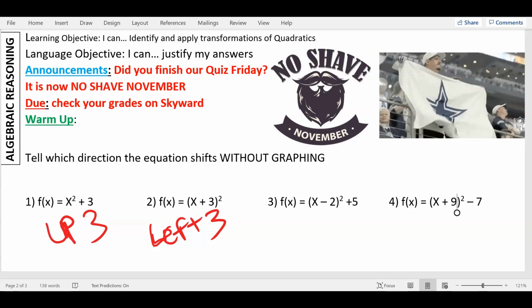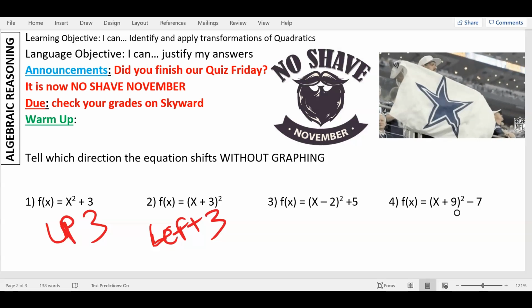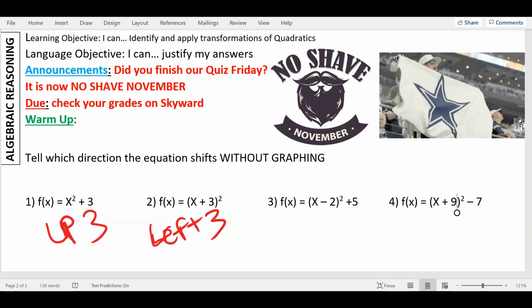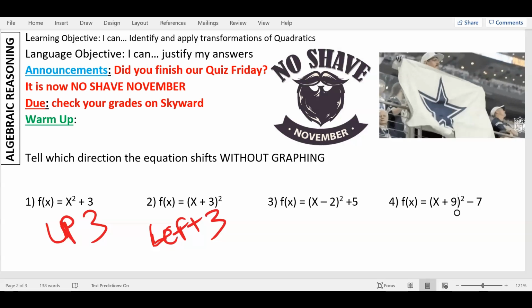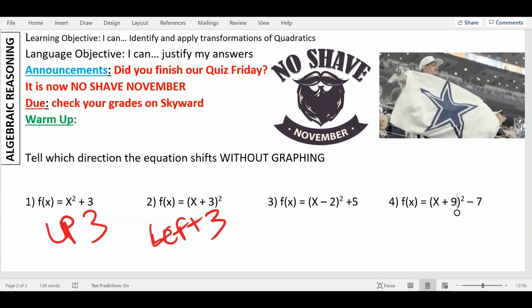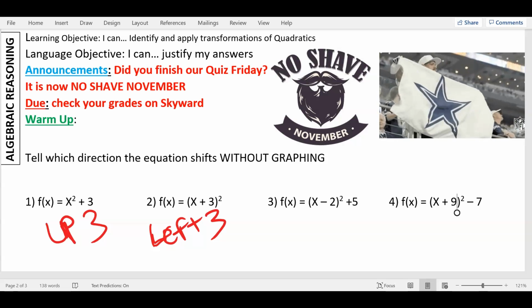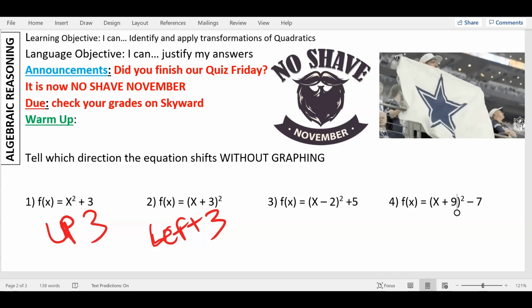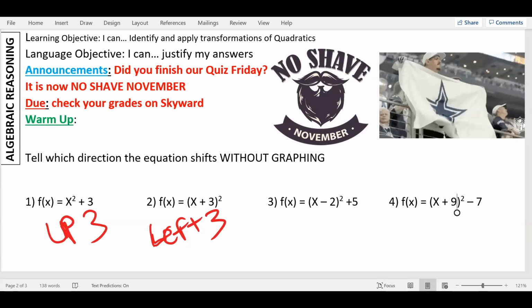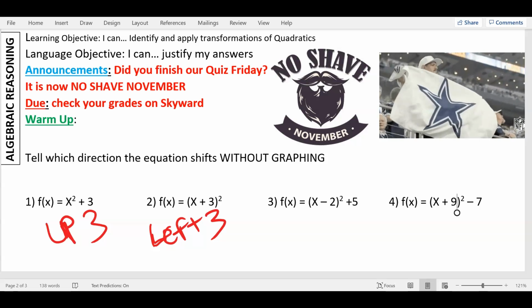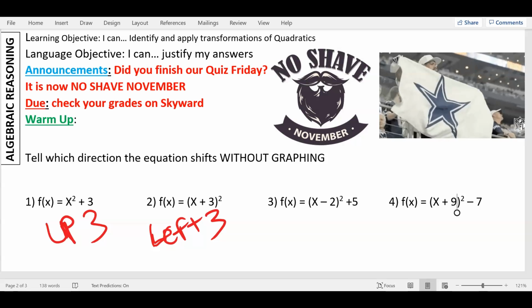Okay. Now, up to this point, we've only done one direction, one thing. But you can do two, right? So on number 3, we can talk about both horizontal and vertical, okay? So the minus 2 in parentheses, which direction is that going to go? Right 2, because it's a liar. It's not left, like a minus sign usually is. It's right 2, okay? And then the plus 5, is that up or down? What do you think, up or down for plus 5?